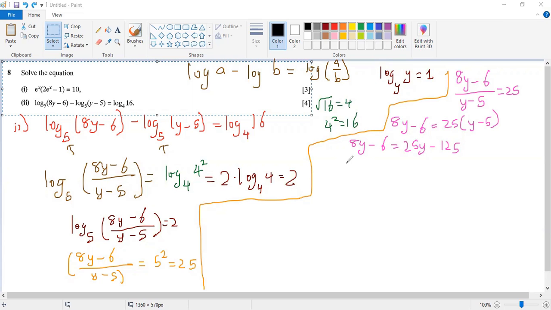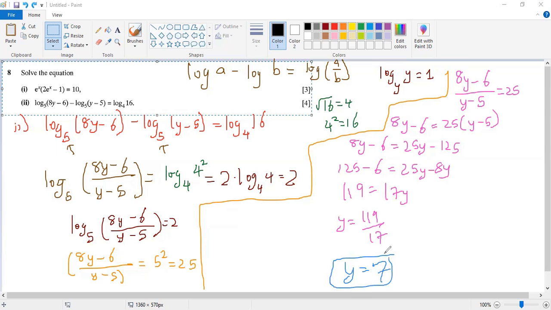Let's check my calculation. 125 minus 6 is 119, and 25y minus 8y is 17y. So what is 119 over 17? So y equals 119 over 17. Turns out there's only one value of y here, which is y equals 7. Thank you.